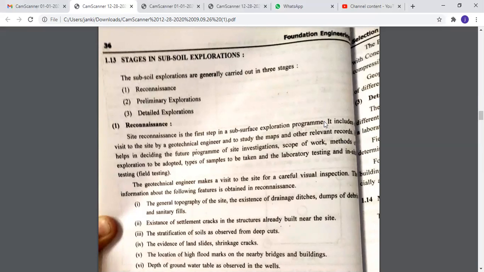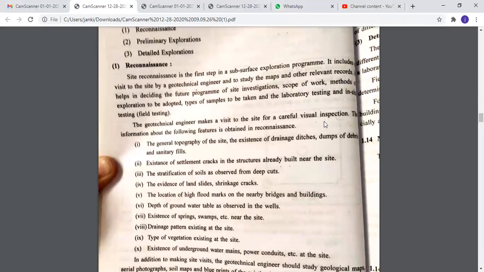There are some features obtained in reconnaissance. The first one is the general topography of the site, the existence of drainage ditches, dumps of debris, and sanitary fields. The second one is the existence of settlement cracks in structures already built near the site, right?